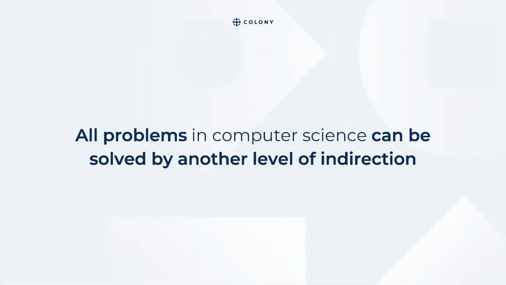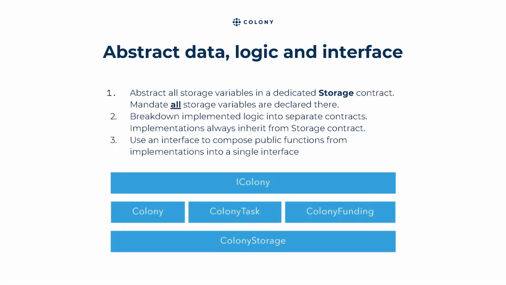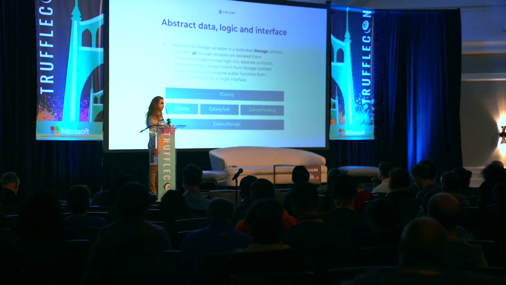To solve those two problems, we abstracted things, we broke down the problem and tried to solve it. So this is all concerning the implementation part, which sat at the far end of that diagram, which consisted originally of just a single calling contract. Because one of the main problems was storage, as I said, the first thing we did is take all storage variable declarations and put them in one contract.